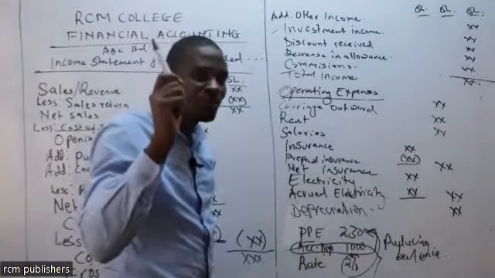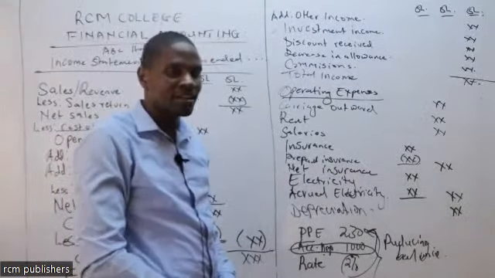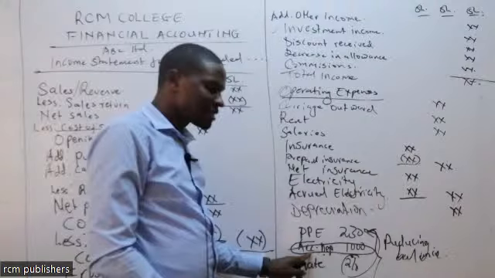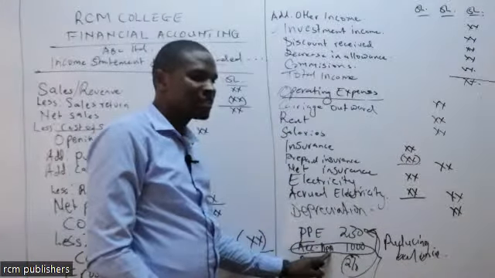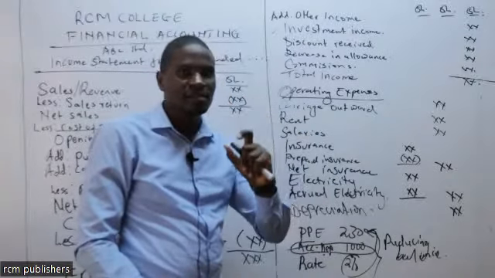But for the reducing balance method, you are going to take the cost minus accumulated depreciation of 1,000, and then the remaining, the net cost.